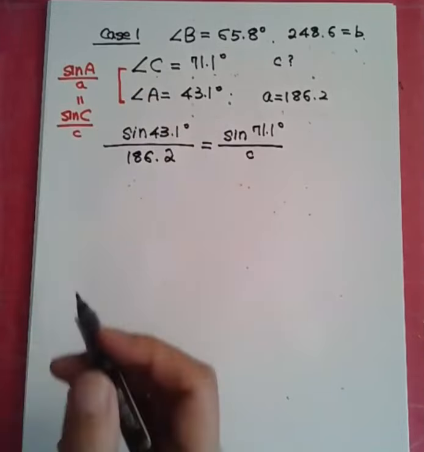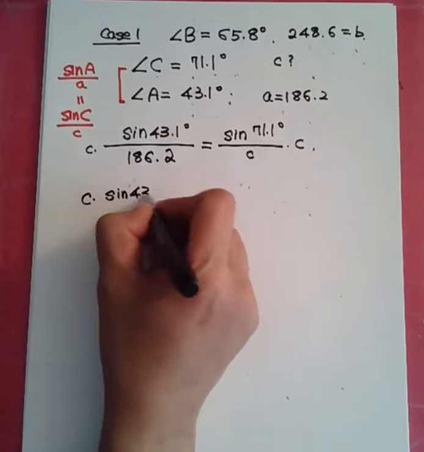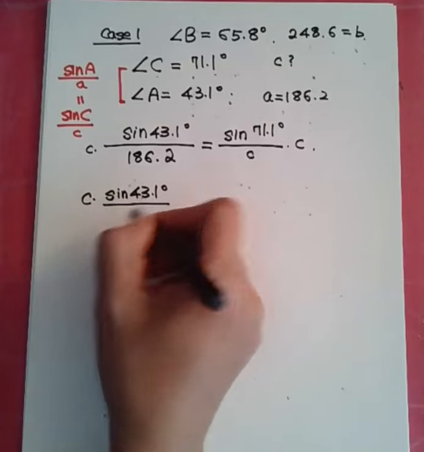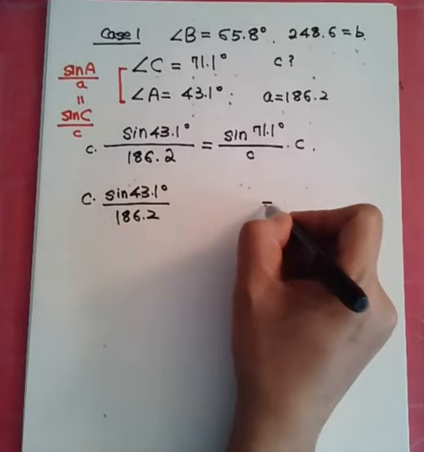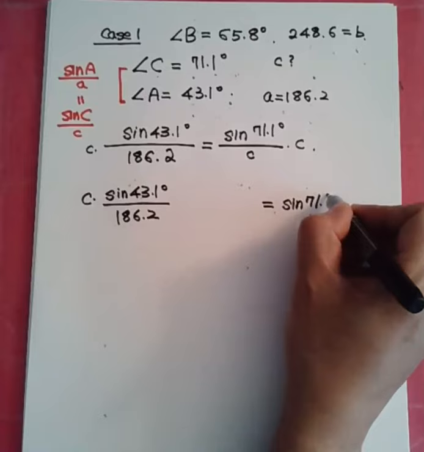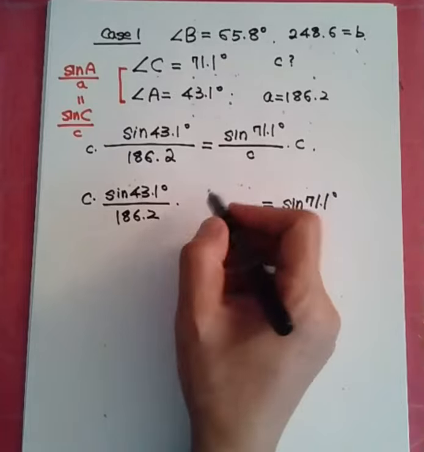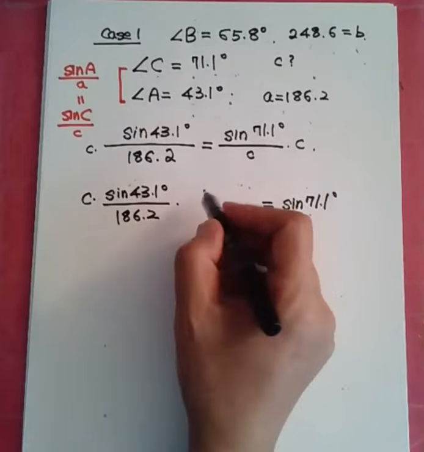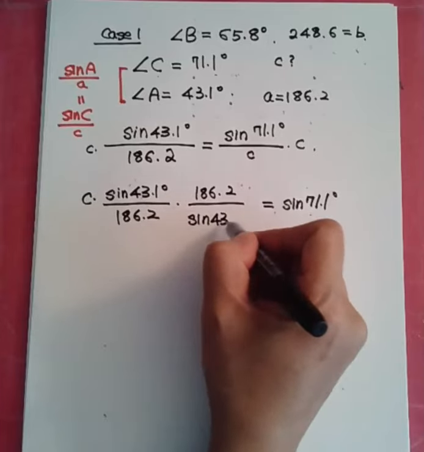So we multiply by C on both sides, then C times sine of 43.1 degree over 186.2 equals sine of 71.1 degree. And we multiply by the reciprocal, 186.2 over sine of 43.1 degree.